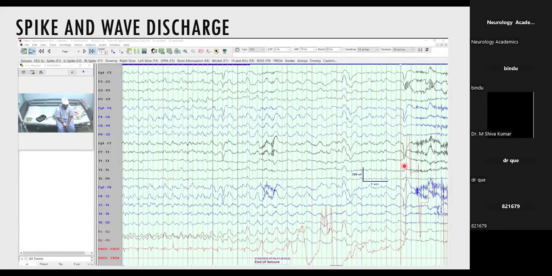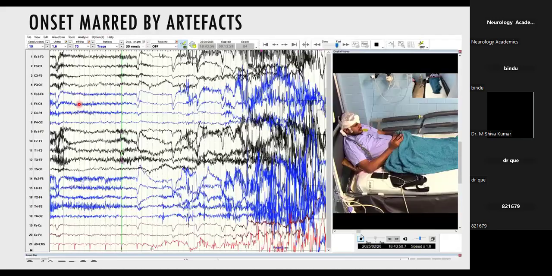In a few patients, the ictal onset can be marred by artifacts, so the pattern cannot be identified; we have to see the evolution.